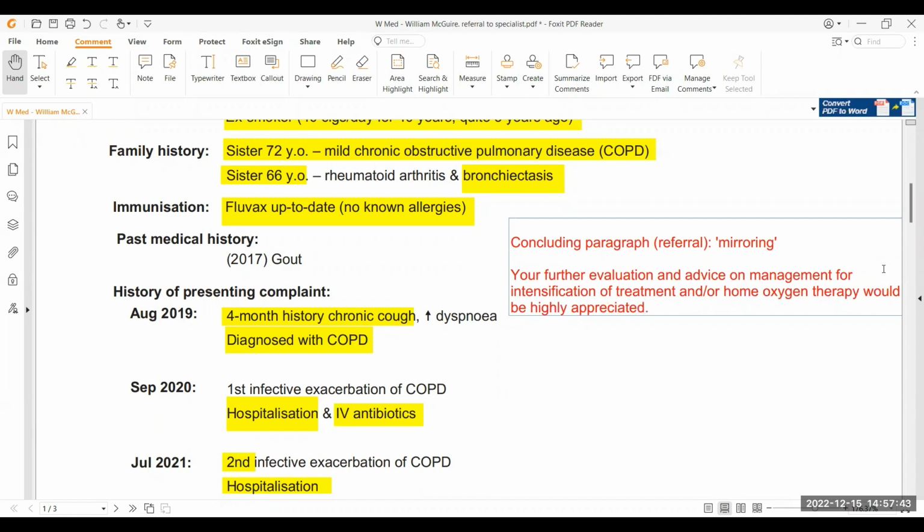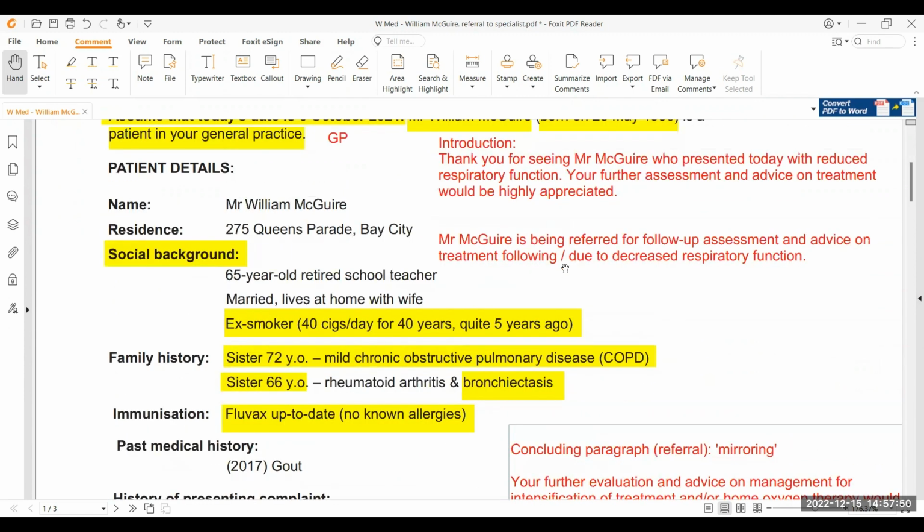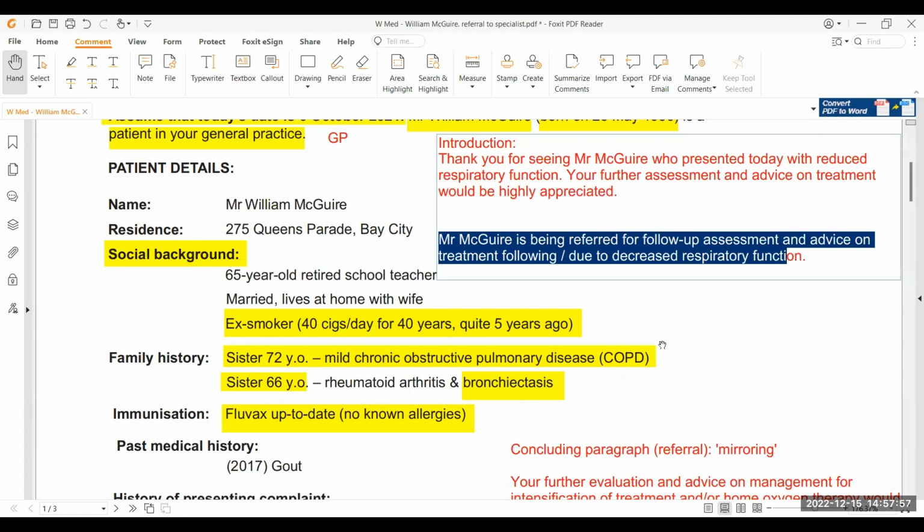Okay, Dr. Tatiana? Right. So now let's take a look at Dr. Josefa's. I'm going to move this because this will be Dr. Tatiana, that's under introduction.